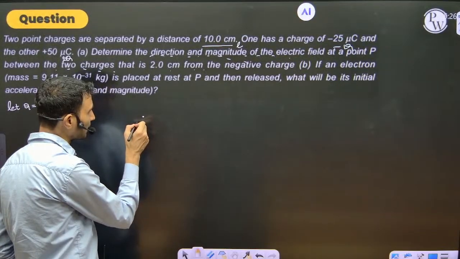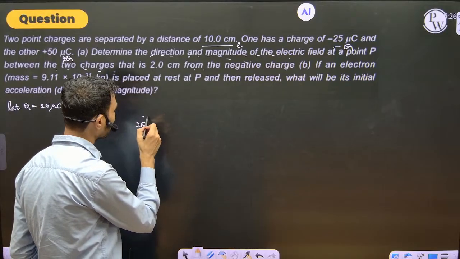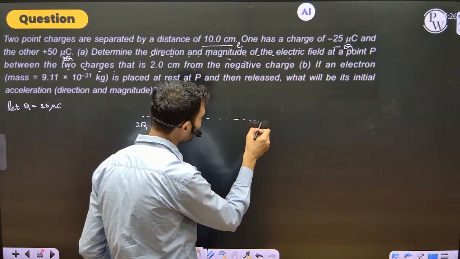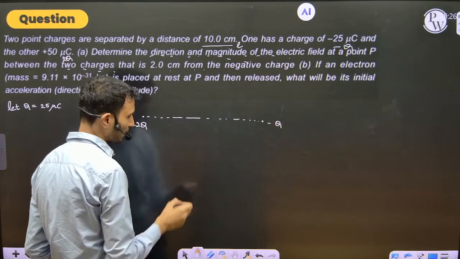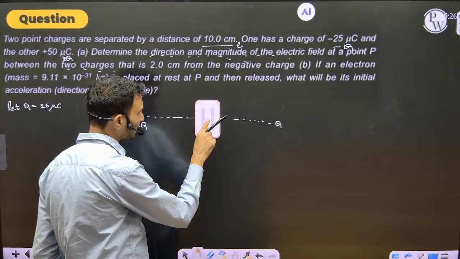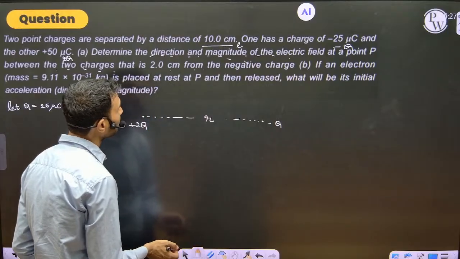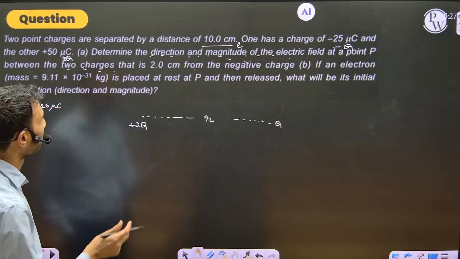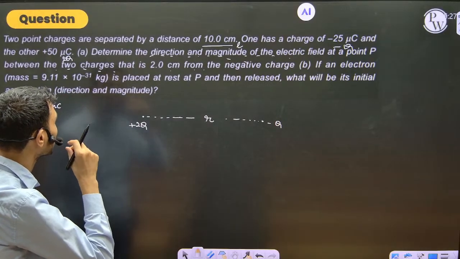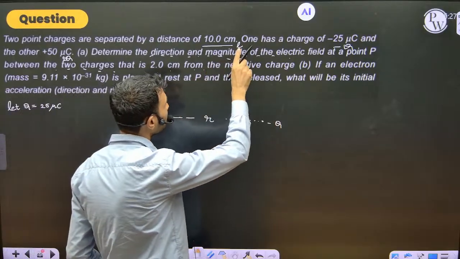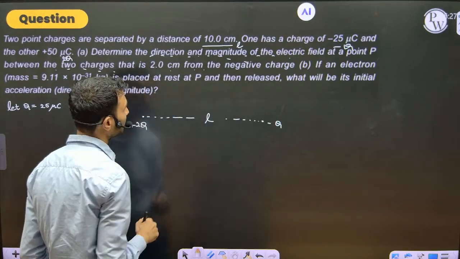So there is this charge 2q, and there is this charge minus q, and the distance between them is 10 centimeters. It's L actually. L is 10 centimeters.